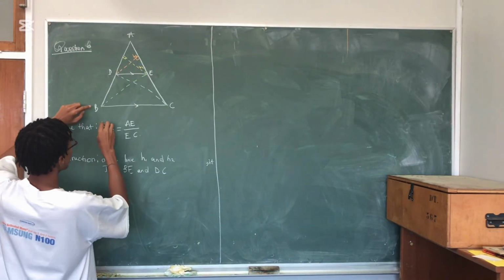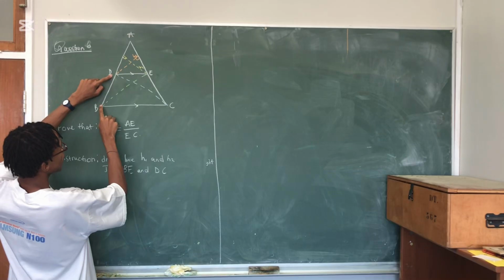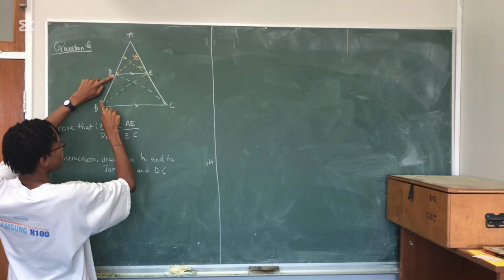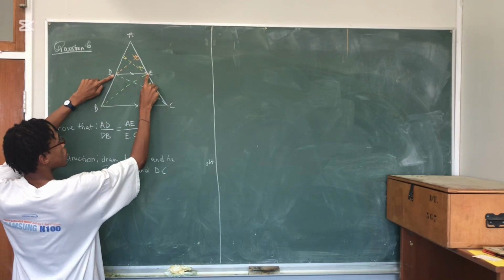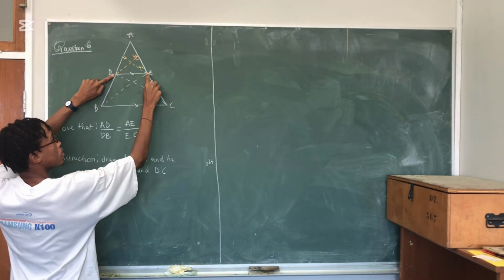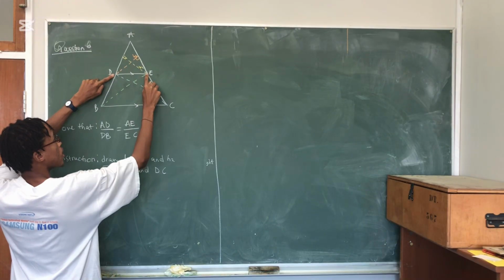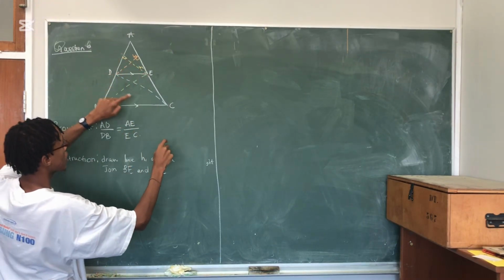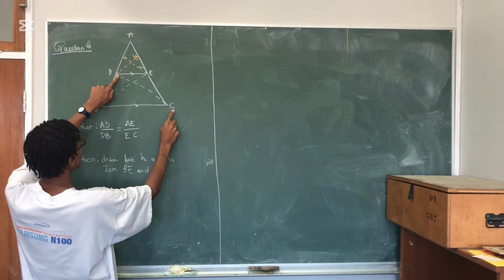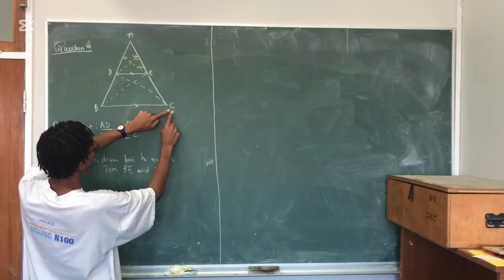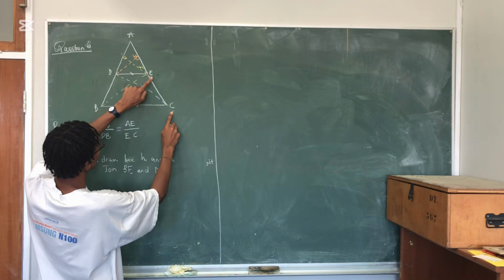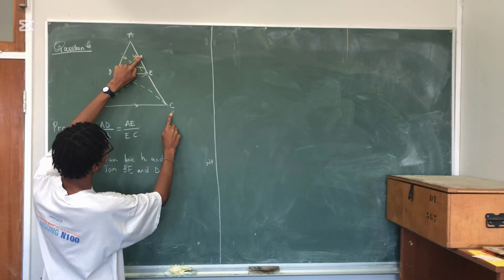So if we look at triangle B, D, E, this triangle with the green line, its height is going to be H1. When we look at triangle C, D, E, its height is going to be H2.